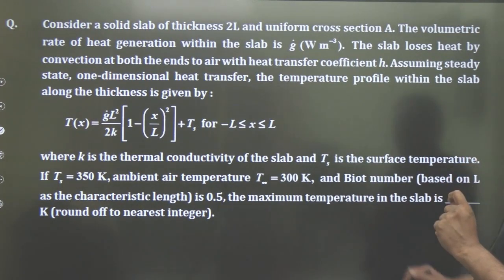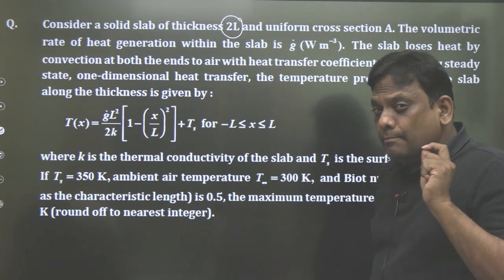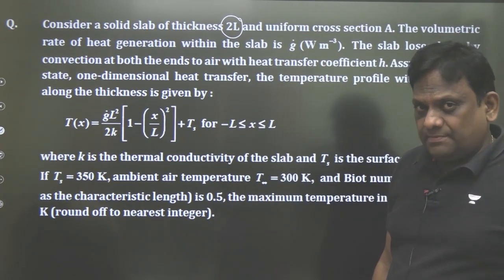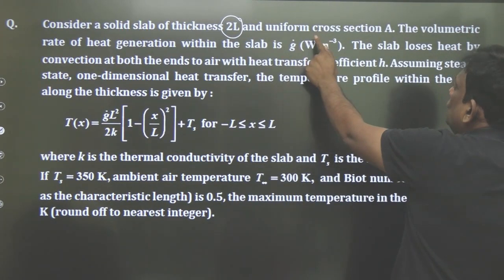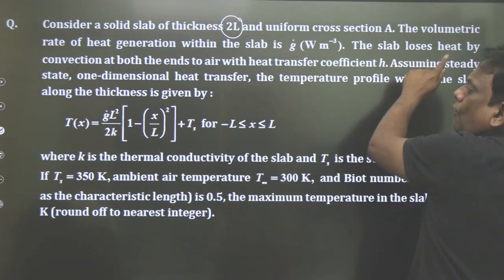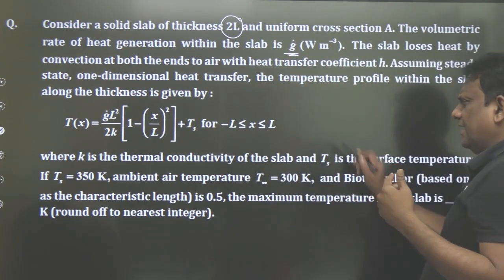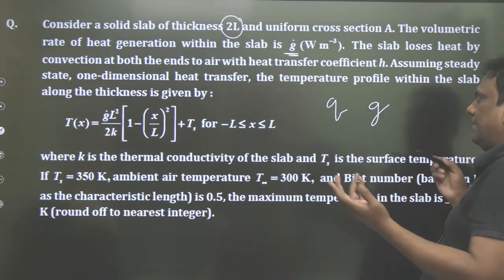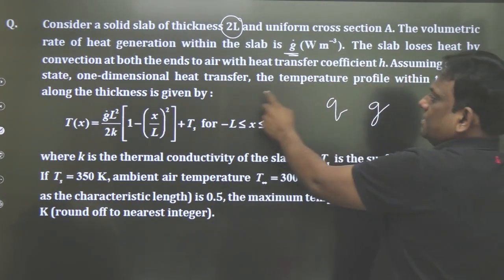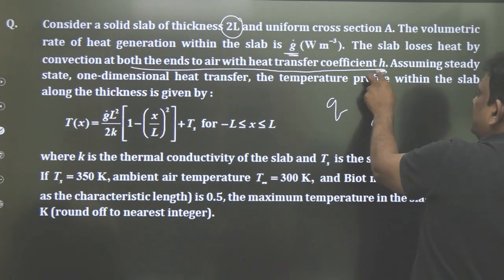Consider a solid slab of thickness 2L, and we may commit mistakes in this. The thickness is not L, but it is 2L. And uniform cross-sectional area. The volumetric heat generation is given by small g. Generally, we take heat generation as Q, but he is giving it as g. The slab loses heat by convection at both ends to air, and the heat transfer coefficient is h.